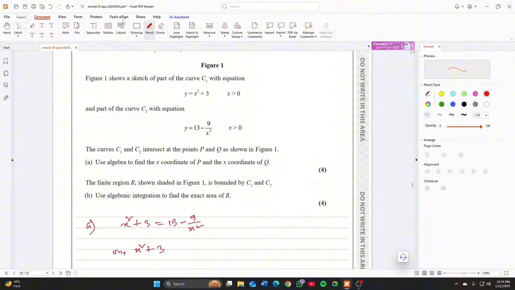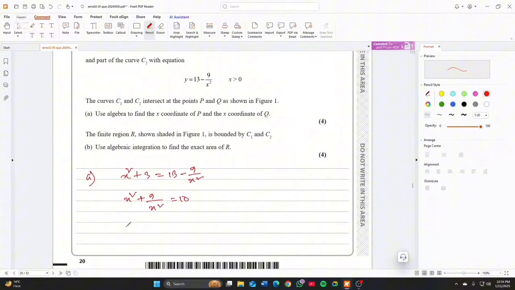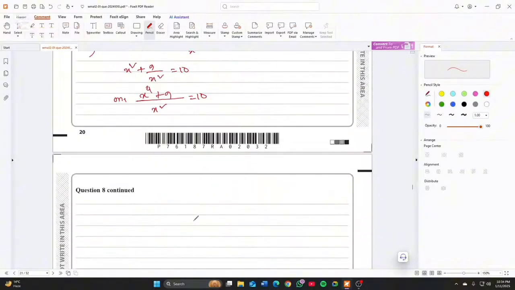What we can do is we can do it a different way. For simplification, we can write x squared plus 9 over x squared equals 10, and multiplying by x squared, this will be x to the power 4 plus 9 equals 10x squared, and we can write x to the power 4 minus 10x squared plus 9 equals 0.